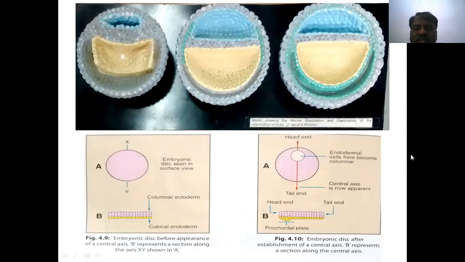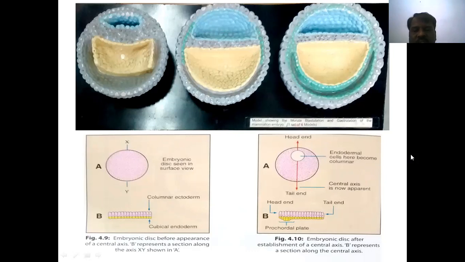The trophoblast cells towards this ectoderm are modified as amniogenic cells that form a cavity, the amniotic cavity, whereas the endoderm cells are modified to form the primary yolk sac.